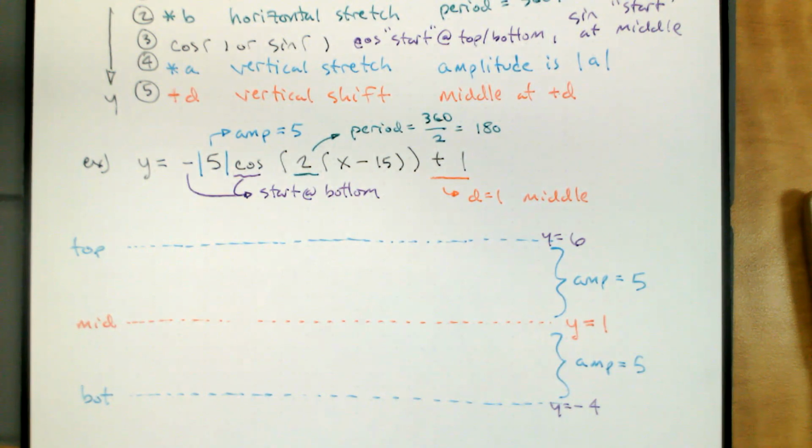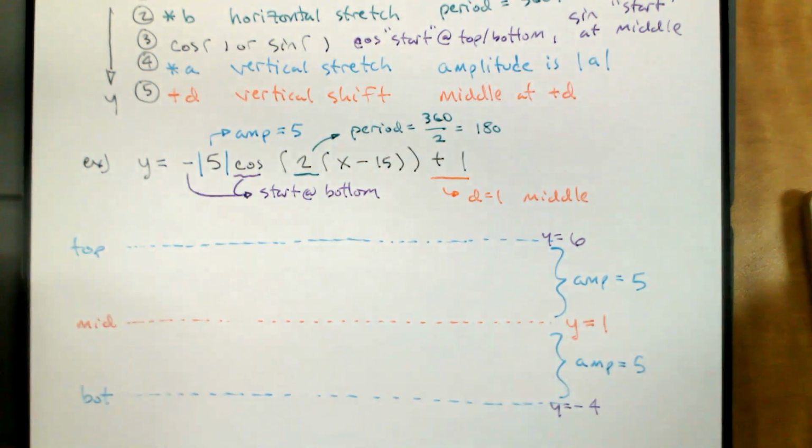And finally, the 4th number that we have is the minus 15, which means the x-coordinate of our start will be at 15.